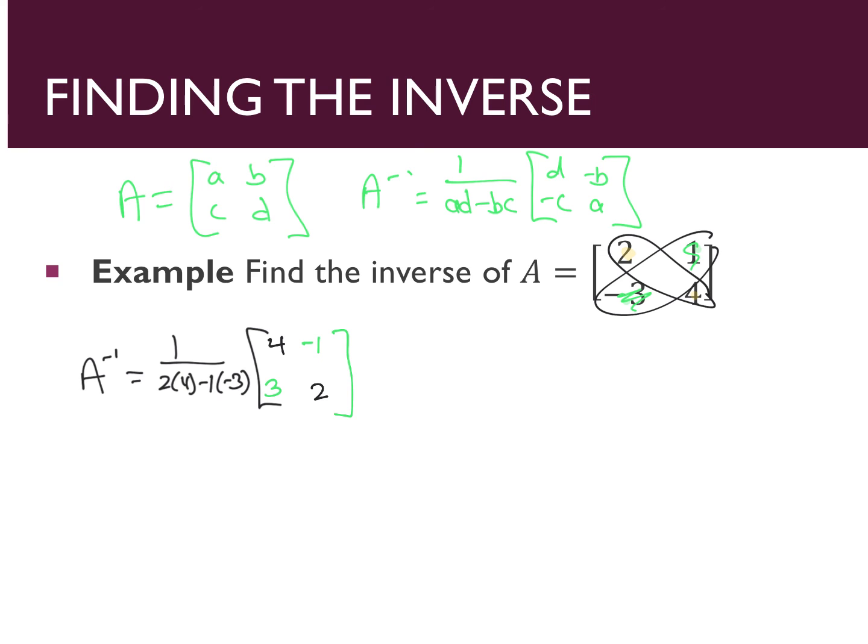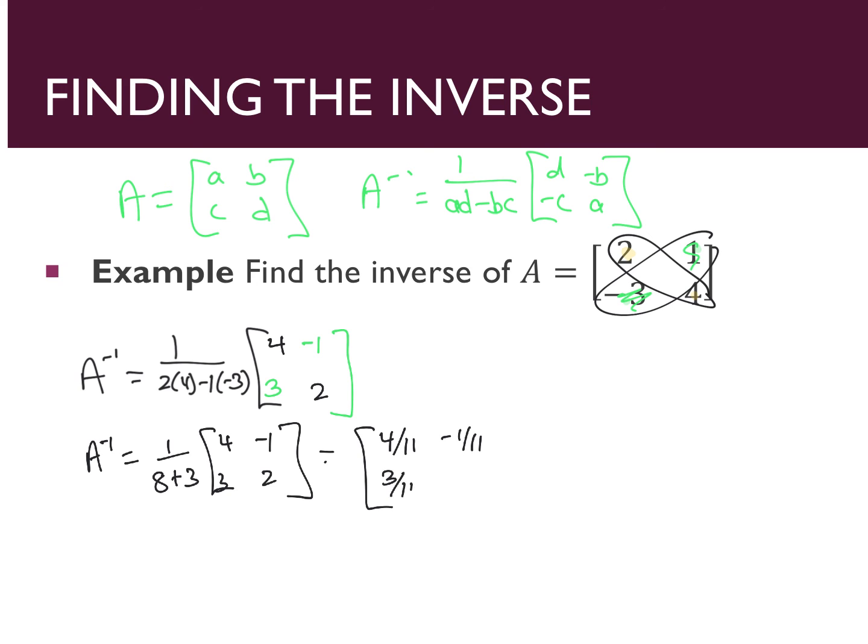Okay, so when we clean this one up, we'll have the inverse of A is equal to 1 over 8 plus 3, which we know to be 1/11th, and we just distribute that through. So 4/11ths, -1/11th, 3/11ths, and 2/11ths. And that's it.